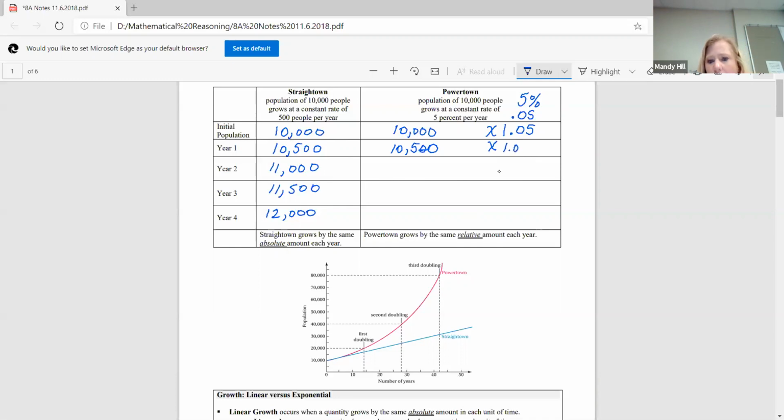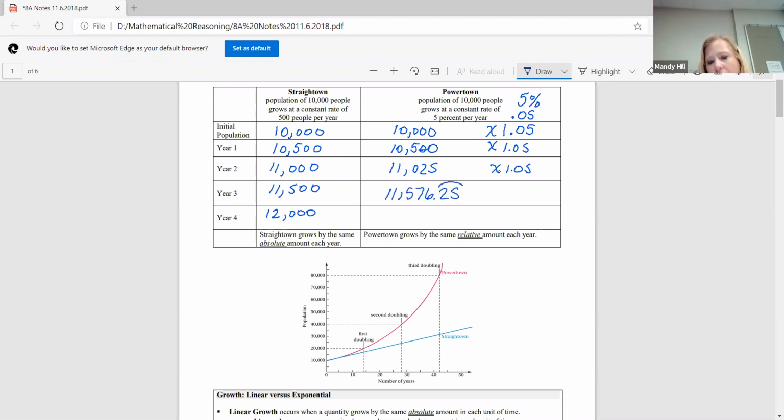We multiply by 1.05 again. So that gives us 11,025. Still not that much more than year 2 here, just 25 difference. We're going to multiply again to get the next one. So I'm getting 11,576.25.